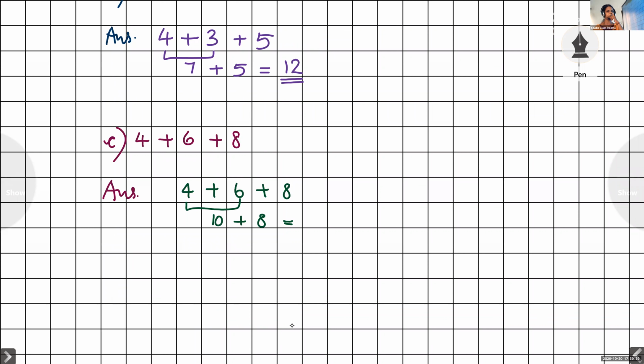Tirtha, what is the answer? 11, 12, 13, 14, 15, 16, 17, 18. The answer is 18. Very good.